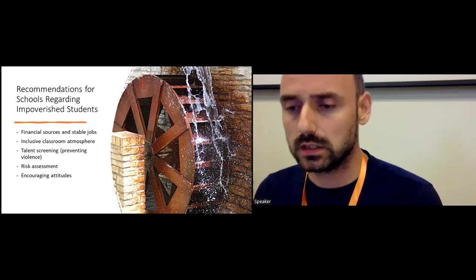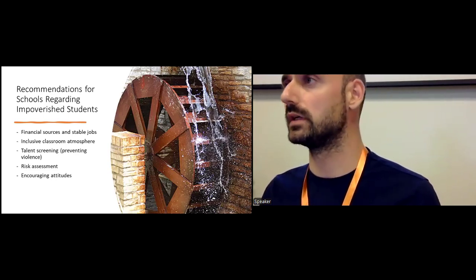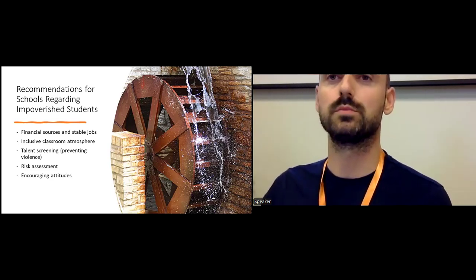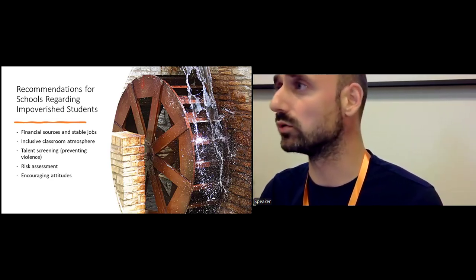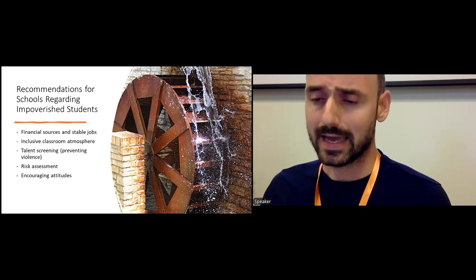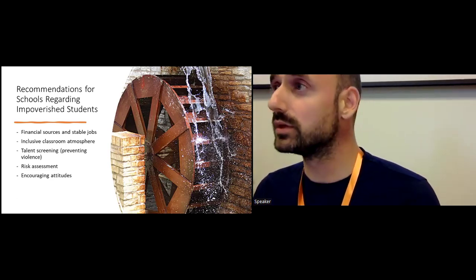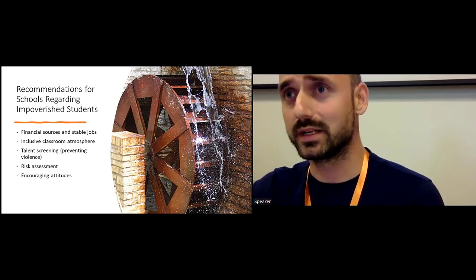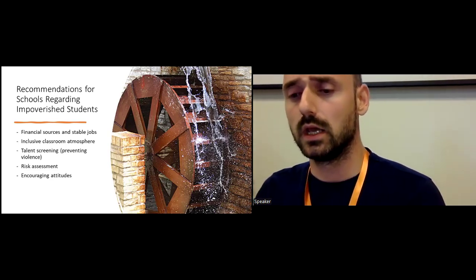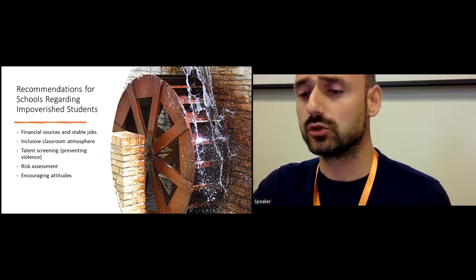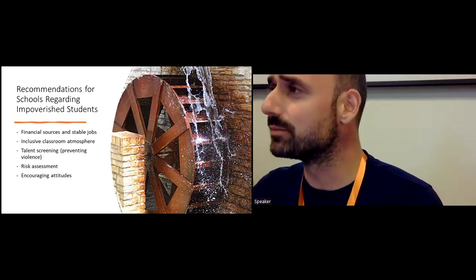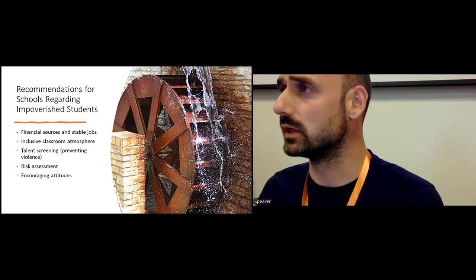So, this is our last title for the presentation. I have some specific recommendations for school stakeholders to handle the challenges of being impoverished. The first recommendation is not for us, actually, but I still want to talk about it because financial sources and stable jobs are the prior need for impoverished people.